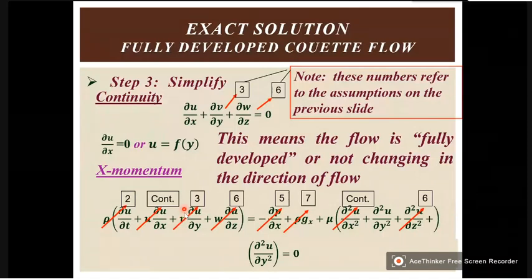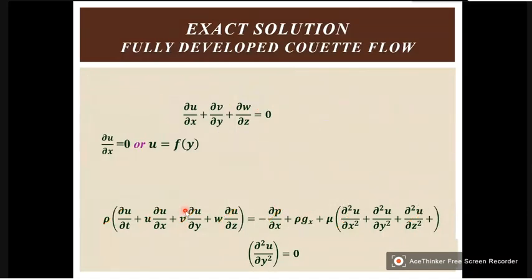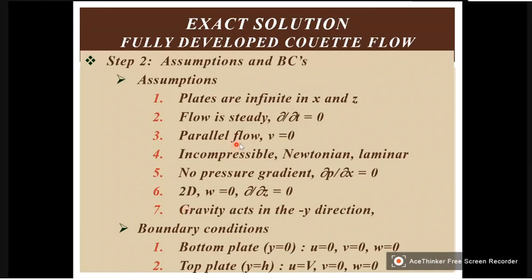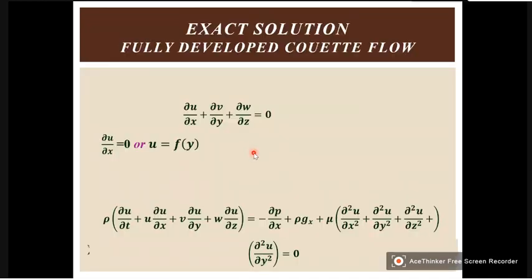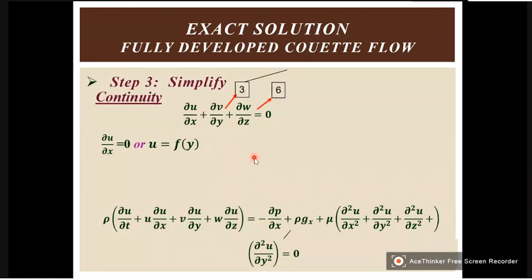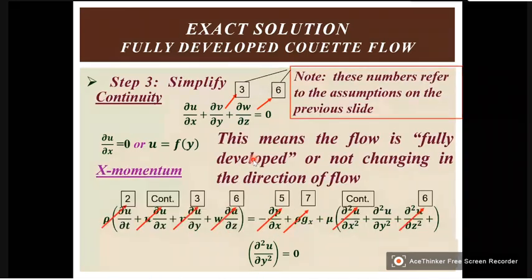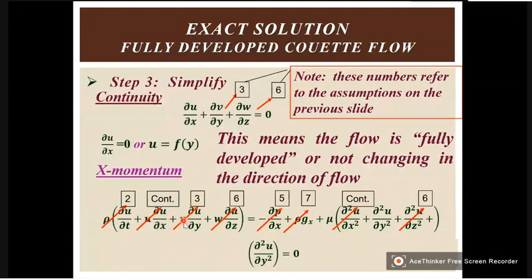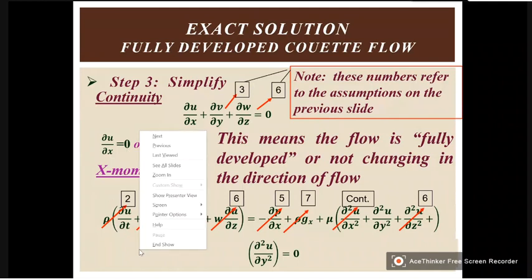Third assumption, parallel flow, v equal to 0. Dou u by dou y is not equal to 0 because u is a function of y. This is very, very important.